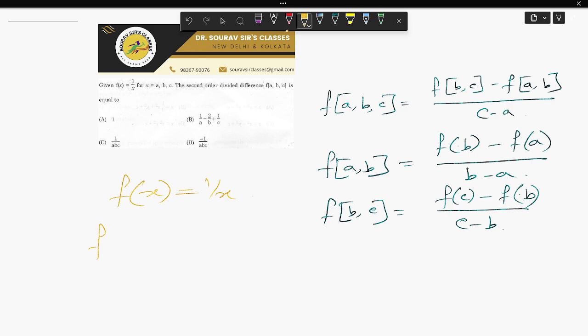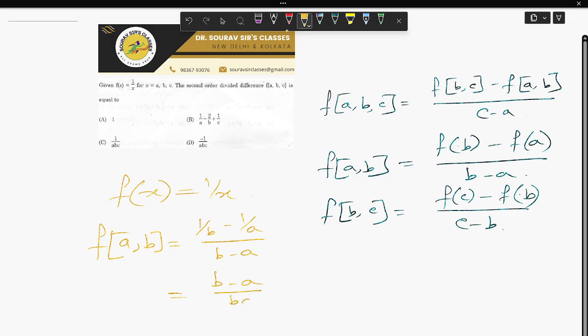Then we will get f[a,b] equal to (1/b minus 1/a) upon (b minus a). That will be (b minus a)/(ba) into 1/(b minus a). So this and this will cancel out, and the only outcome will be 1/(ba).